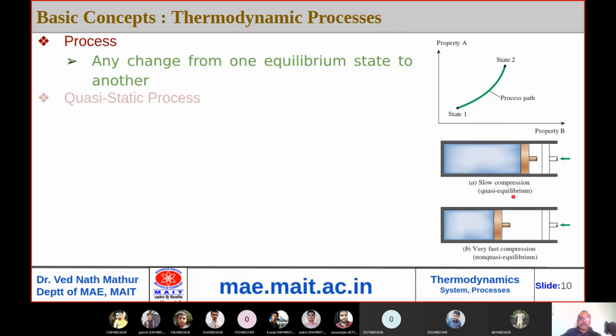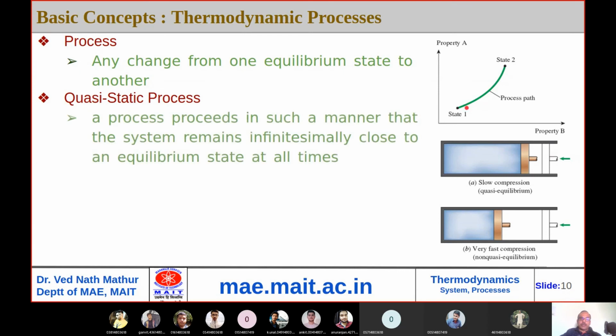Now what is this quasi-equilibrium or quasi-static process? Quasi-static means when all the points along the process are in equilibrium. So we define quasi-static process as a process which proceeds in such a manner that the system remains infinitesimally close to an equilibrium state at all times.